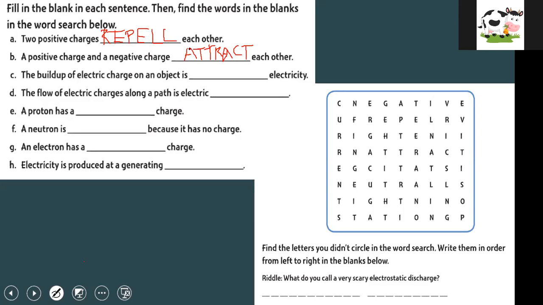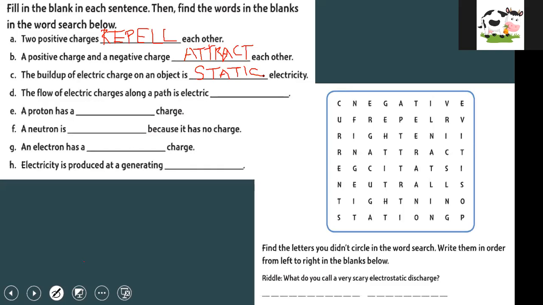And then how about the buildup of electric charge in an object? Okay, Nathan? Static electricity. Static, good. And then the flow of charges along the path is electric? I'm just gonna let someone else do this. Does anyone else want to answer? We have a ton of games, so it'll be fun.